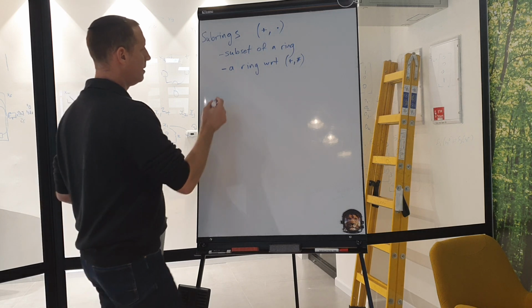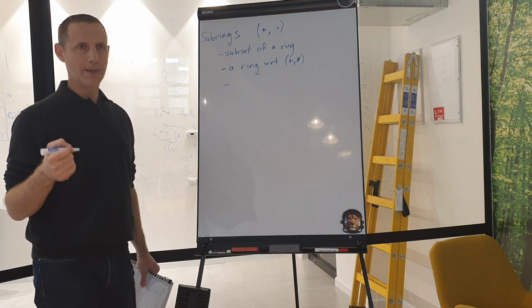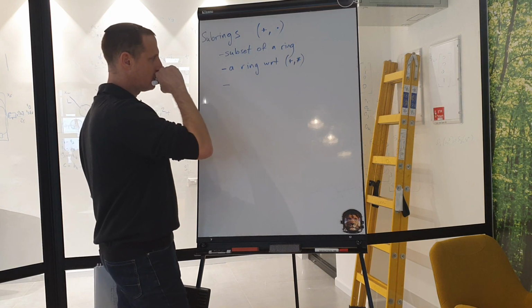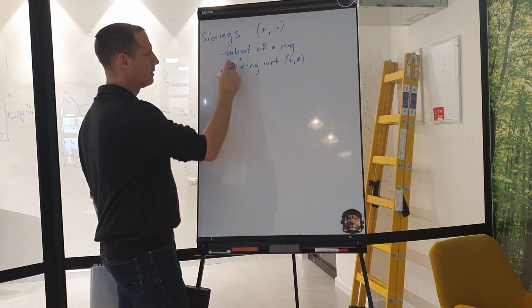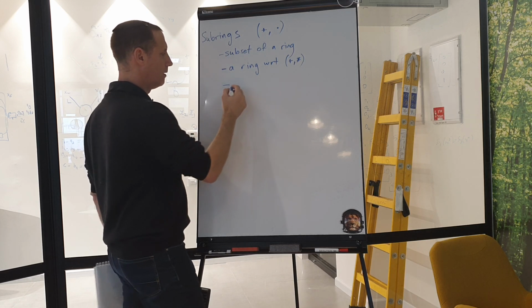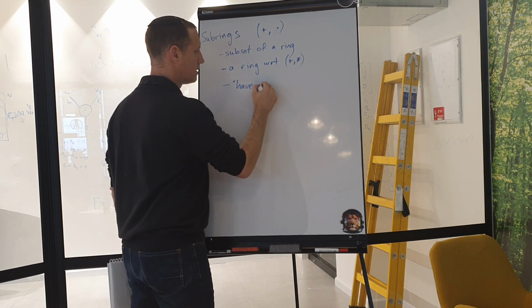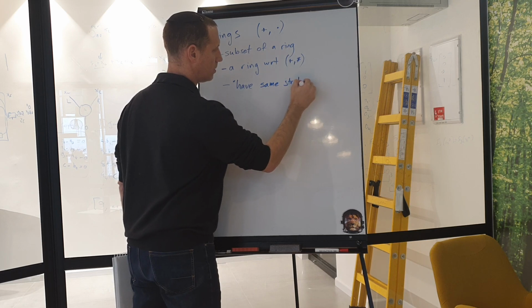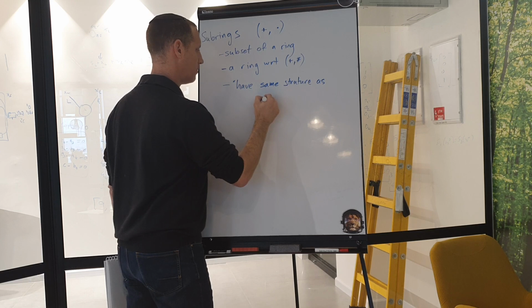And I'll just phrase it loosely because we talked about it in more detail last session, but it needs to have the same structure as, I don't know what to call it, the mother ring, okay?